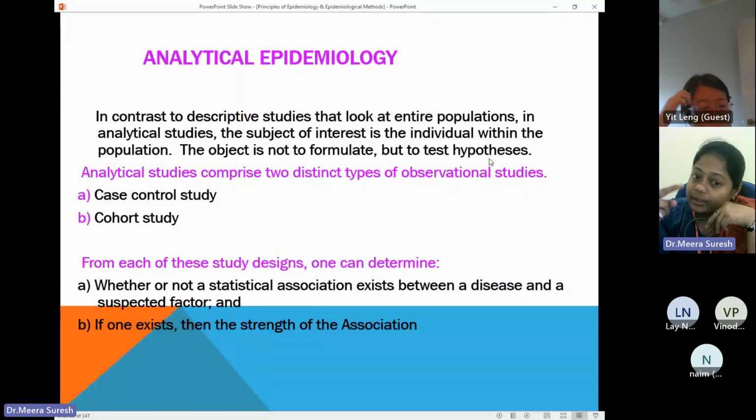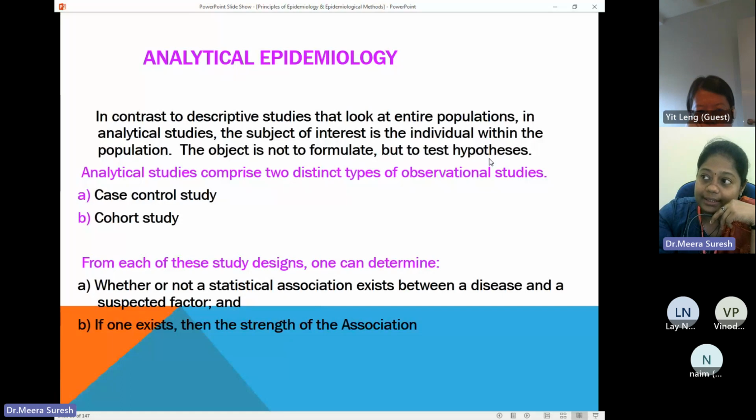While doing descriptive epidemiology, we got into some hypotheses: when we describe time, place, the persons affected, the socioeconomic factors, and put these together, we feel this might be the cause or etiology of that disease, but we are not sure. That is how we end descriptive epidemiology, with an etiological hypothesis.